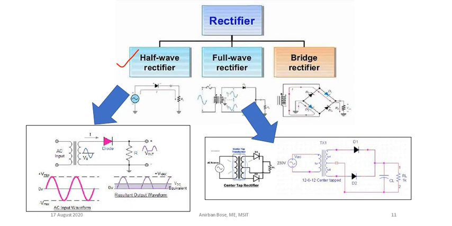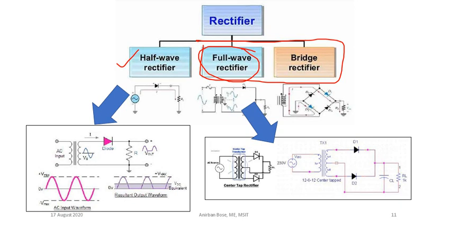Again, full wave rectifiers can be a center tap rectifier, as you can see here, or a bridge rectifier. Remember, a bridge rectifier is also a full wave rectifier. So both of these are full wave rectifiers. Here the center tap rectifier has been shown, and the bridge rectifier we'll see on the next page.